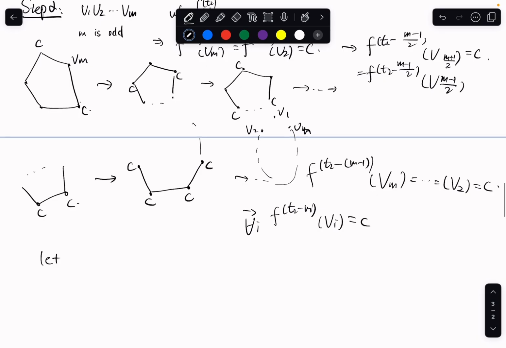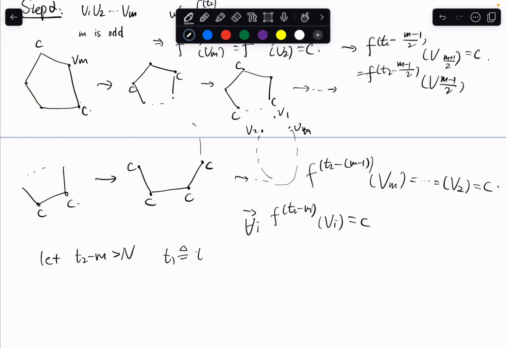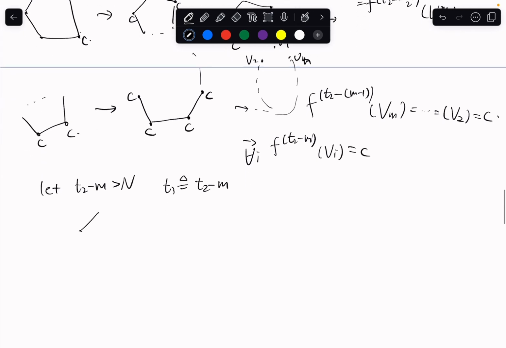And just let t2 minus m be greater than n. Then we denote t3 equals t2 minus m. And at this time t3, we have that every cycle of this graph is all c. It's strange, or it's like magic.